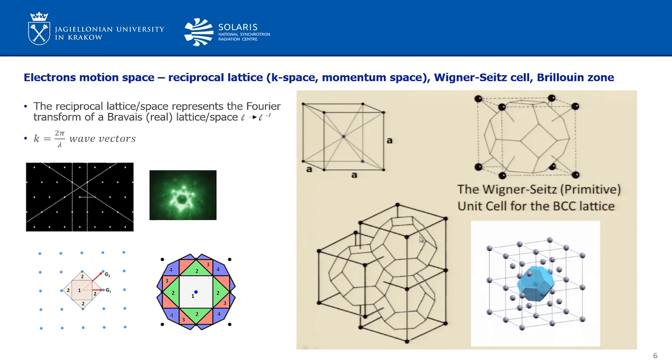In solid state physics, the first Brillouin zone is uniquely defined as a primitive cell in reciprocal space. In the same way that the lattice is divided up into Wigner-Seitz cells in real space, the reciprocal lattice is broken up into Brillouin zones.